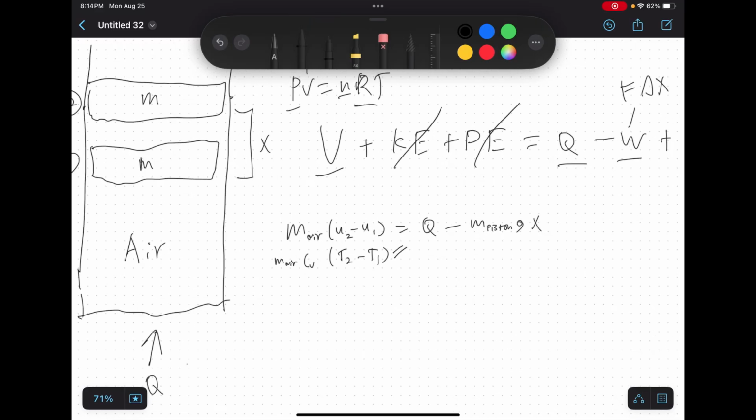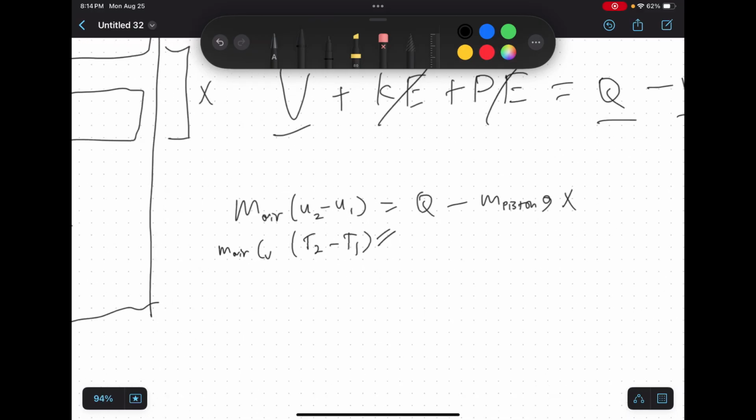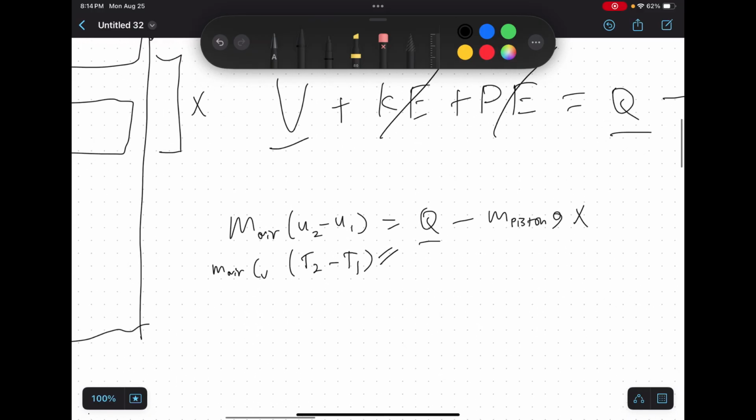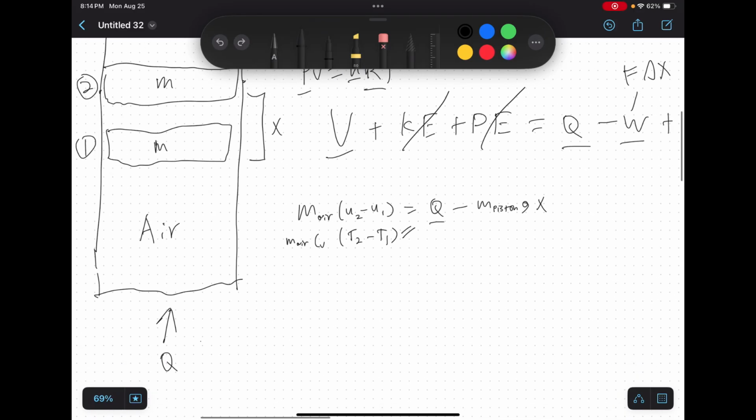I was a bit hesitant in writing this out because I'm like, dang, you need to know Q, T1, T2, mass of air, mass of piston, and then you can calculate X. You basically need to know everything, and that's a very easy problem at that point. I'm like, surely there's a way to do it without having to know all of that stuff. And I think there is.